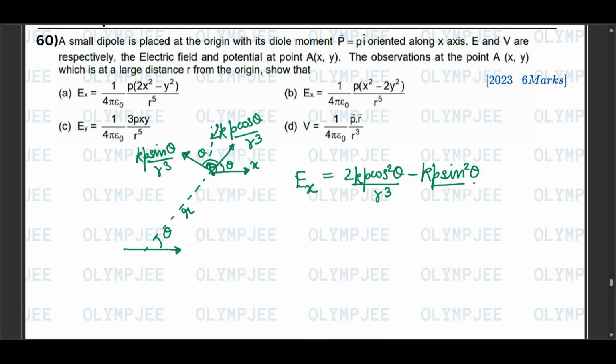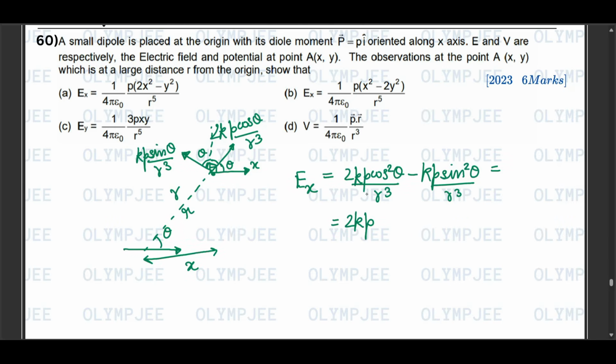So in x direction it will be 2 kp. Okay, so cos theta can be written as x by r, because this direction is x and this is r.